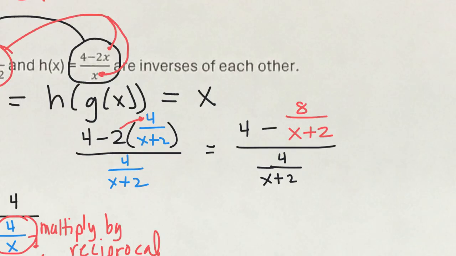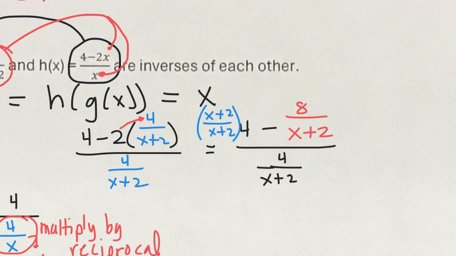Now I'm in that same boat. I have a number minus a fraction. So I have to change my number into a fraction that has the same denominator as my fraction. So I'm going to multiply, not both sides, but the top and bottom by x plus 2 over x plus 2. I am multiplying 4.